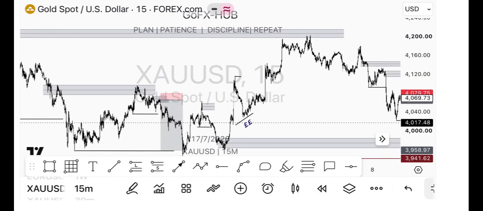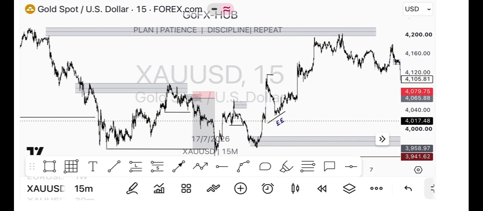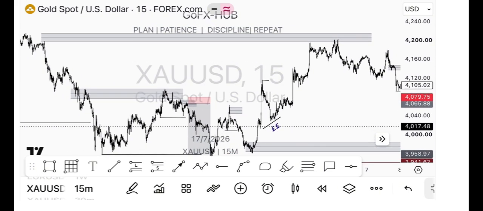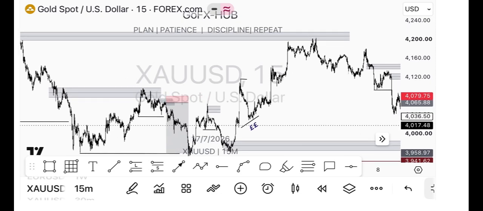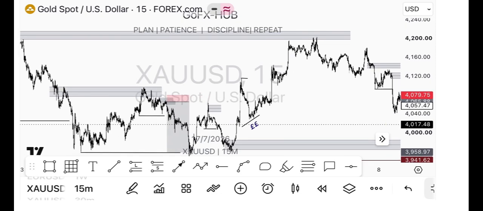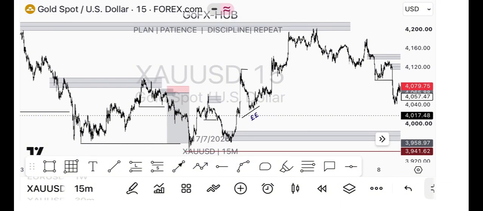So I want to do a market narrative for July 6th. A friend of mine asked that I should do a narrative on gold for July 6th. But we can't get a lot of perspective on that day except to look at what the market has been doing for the past few days, or one week behind.